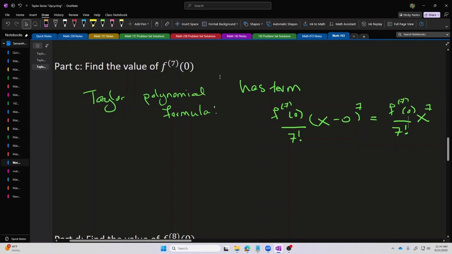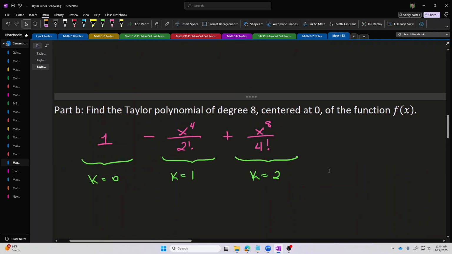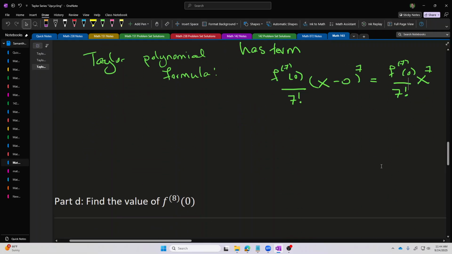Now, meanwhile, if I look at the Taylor polynomial that I calculated indirectly back in part B, I can also see that the x to the 7th term has vanished here, right? The x to the 7th term must have a coefficient of 0 because it has vanished and it's not visible in our Taylor polynomial.